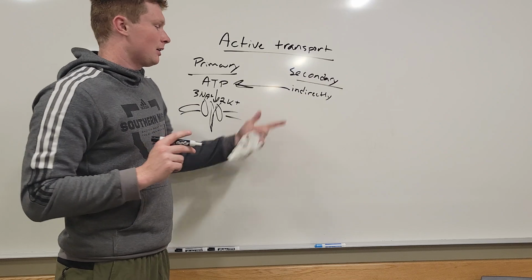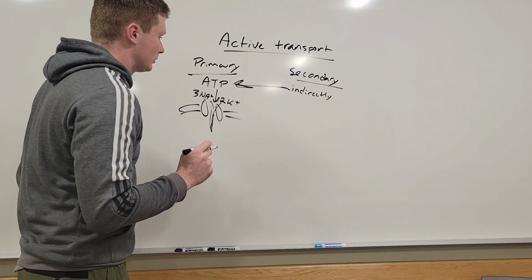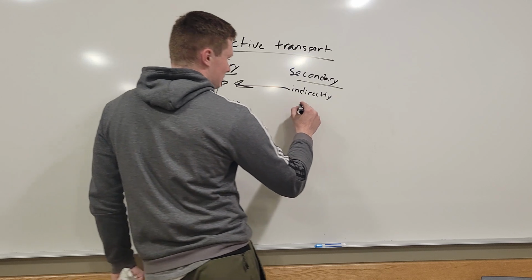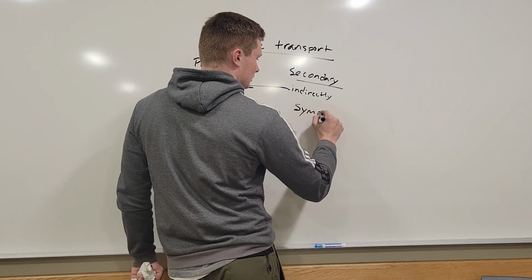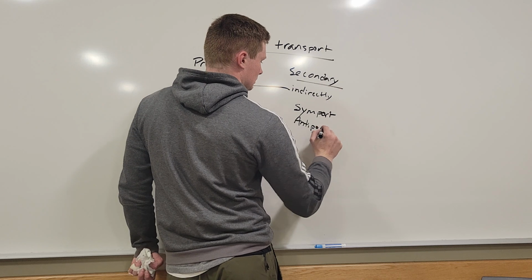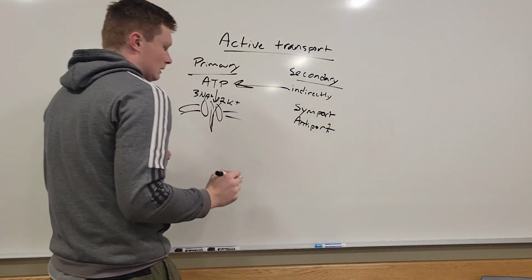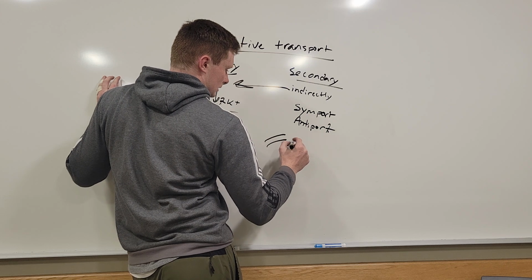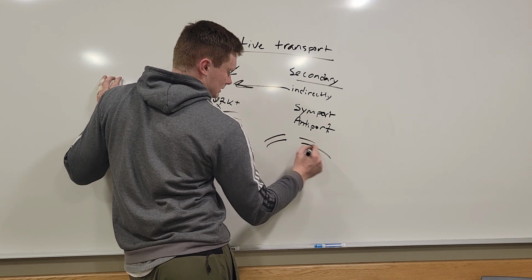Indirect, so secondary, we're going to do indirectly. We got a symport, an antiport. Symport, basically, we're going to have our cell here, right? I'm just going to draw it really simply.